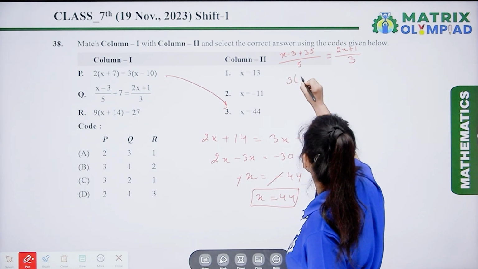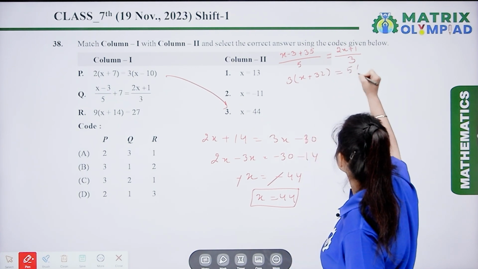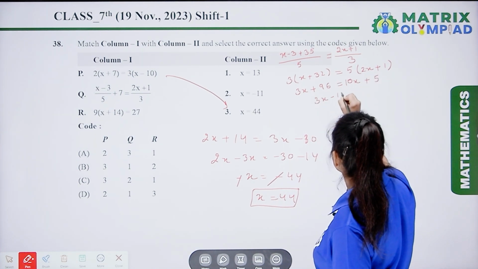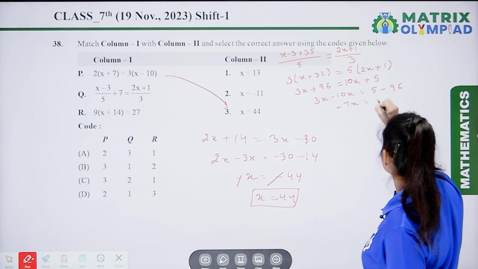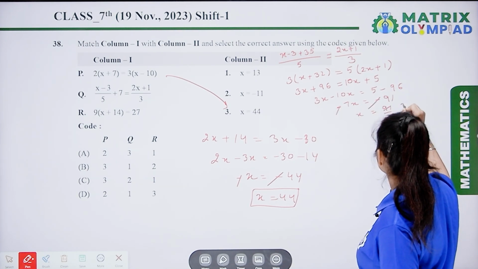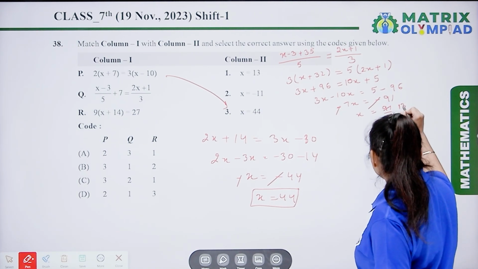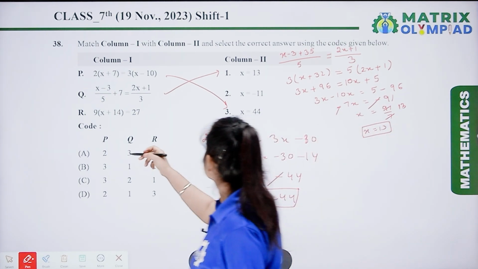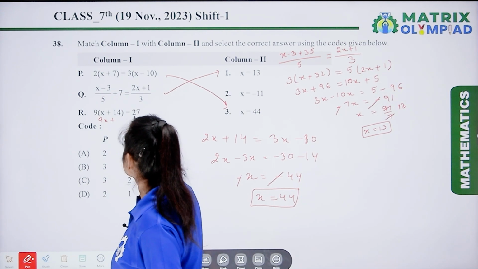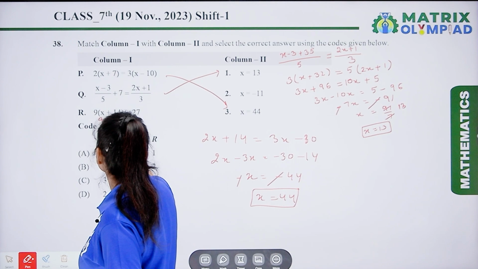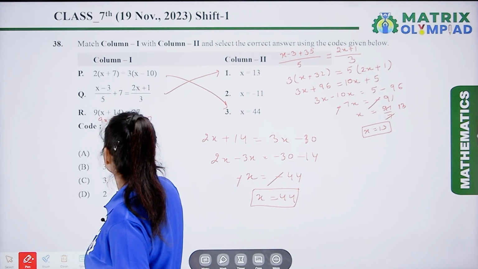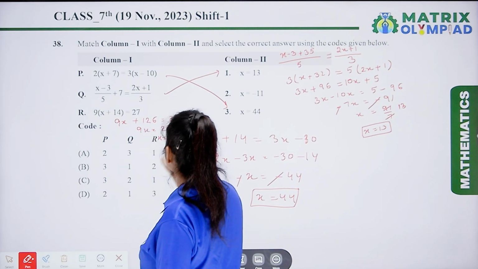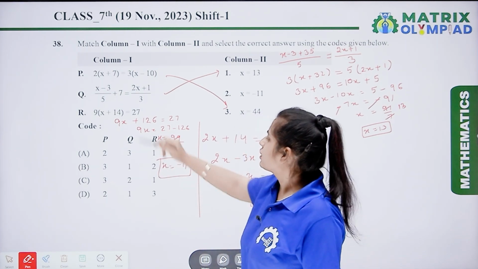Now doing cross multiplication. So the next is 13 and the final one will be 9x plus... So the last is minus 11.